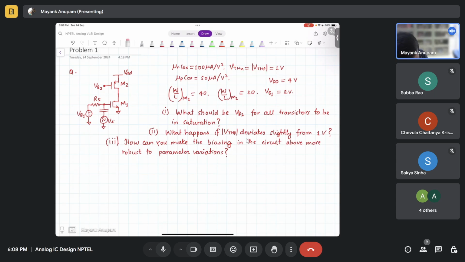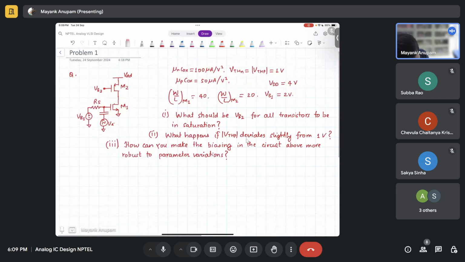Mu p Cox, you must have also learned that mobility of holes is approximately 2 or 2.5 times lower than the mobility of electrons. That is why you see this difference here. You can see mu n Cox is 100, whereas mu p Cox is 50. This is 40, this is 20.